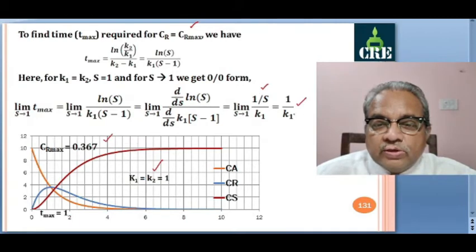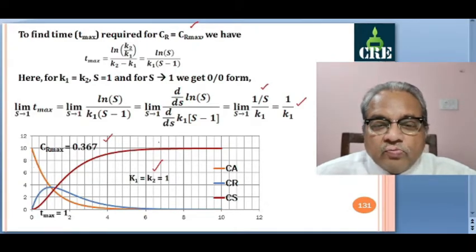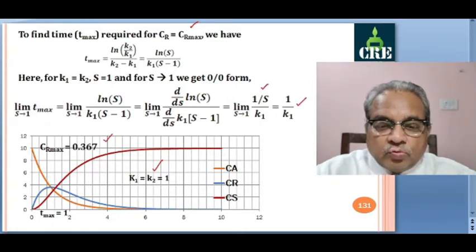So time t will be equal to 1 by 2, 0.5. So at 0.5 this curve will be there, and the other curves will also change in nature a little bit, and at any point of time, you add CA, CR, CS, the addition is always CA0.